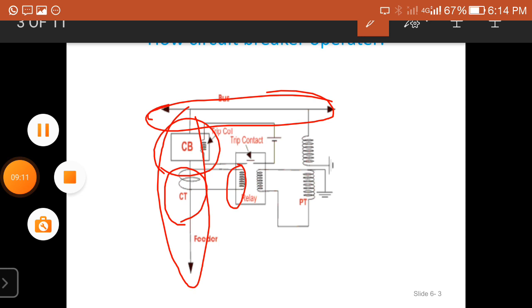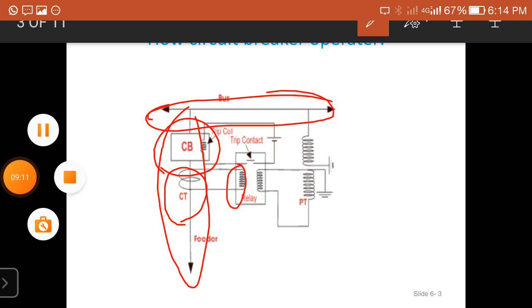MMF means the magnetomotive force. The MMF is directly proportional to N into I, where N is the number of turns and I is the current. Suppose the current increases, MMF is automatically increased.